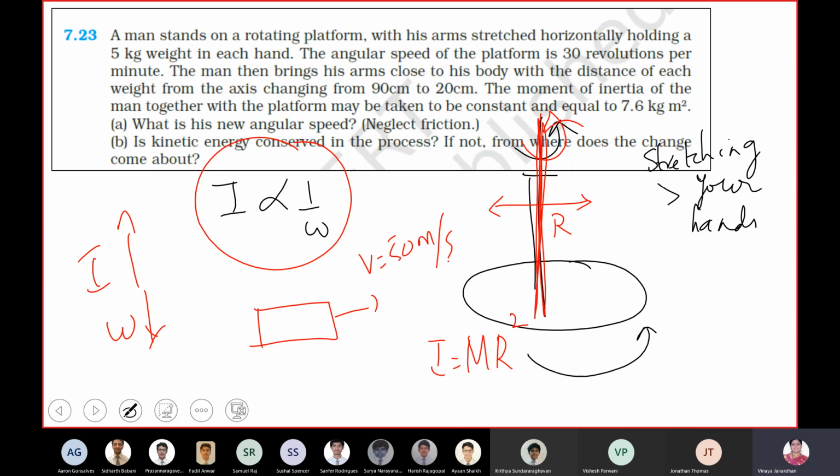Now you are applying a force of 50 newtons on one end and a force of 50 newtons on the other end. What will be the total force? Zero. It's a balanced force.